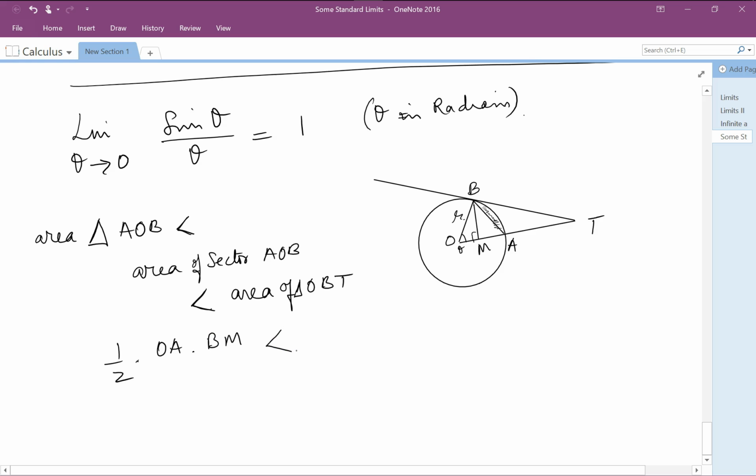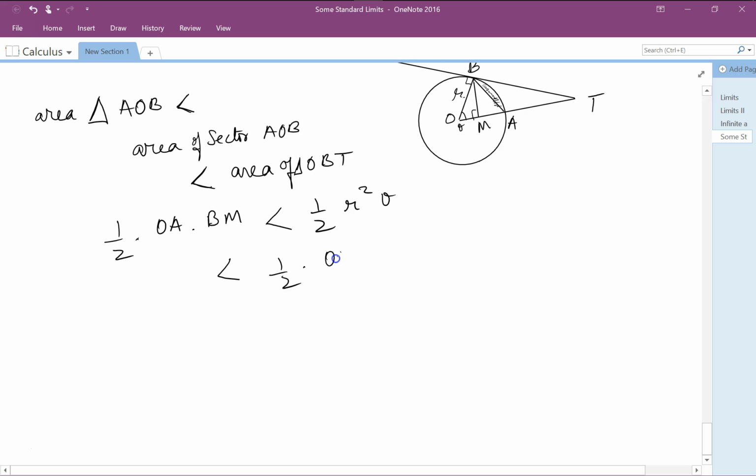And this is less than the area of the sector, which is half r square theta. Which is in turn less than the area of the triangle OBT, so half base OB and height BT.